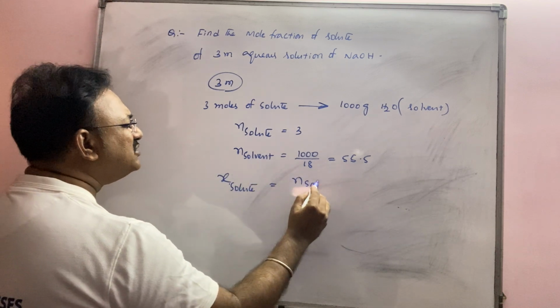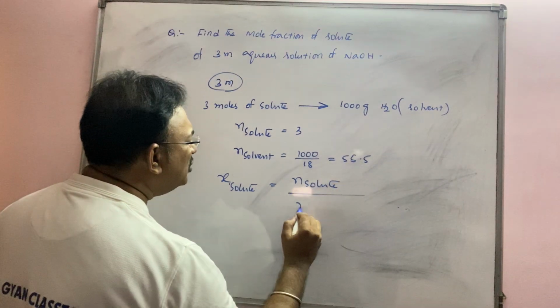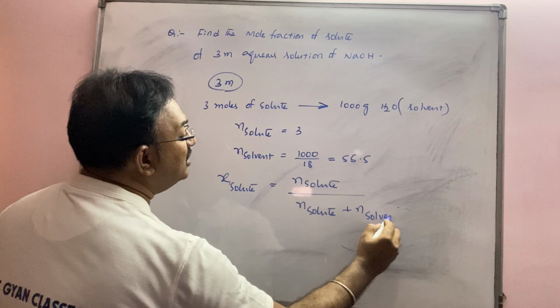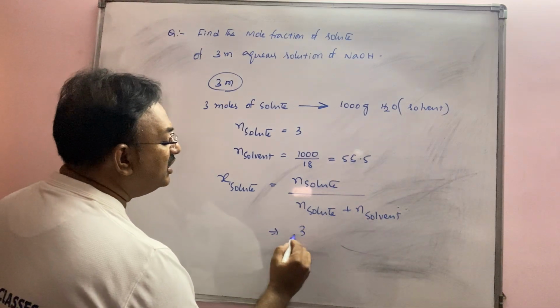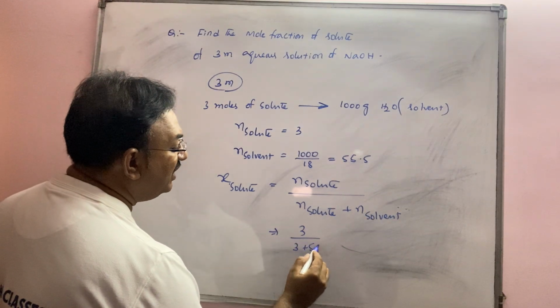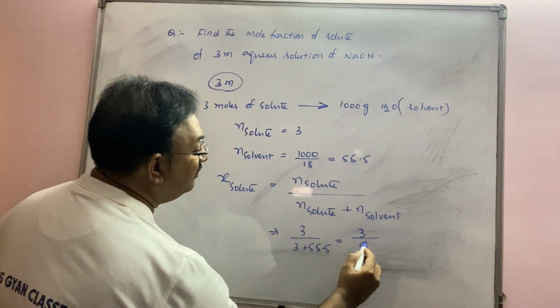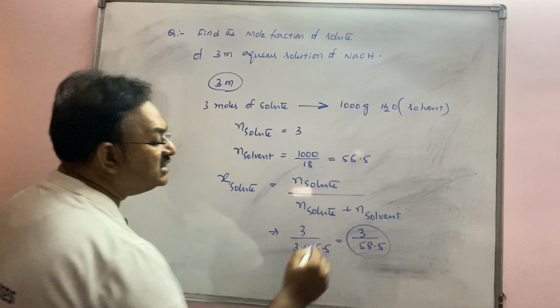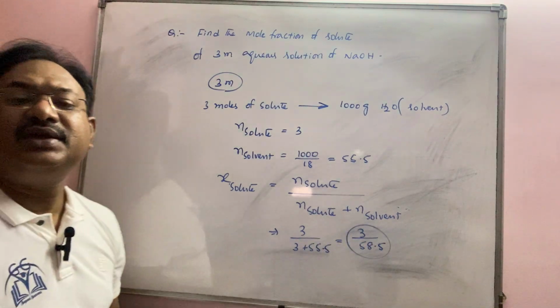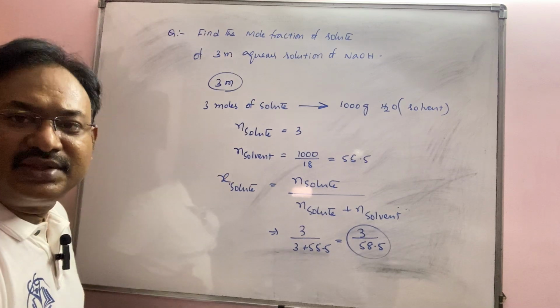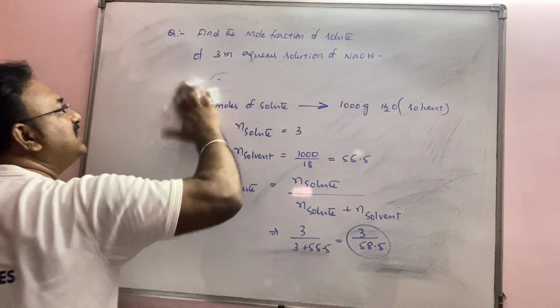Number of moles of solute by number of moles of solute plus number of moles of solvent. So how much you are getting? 3 by 3 plus 55.5. So that's about 3 by 58.5. So simplify it to get an accurate answer, right? So this is our third question, right?